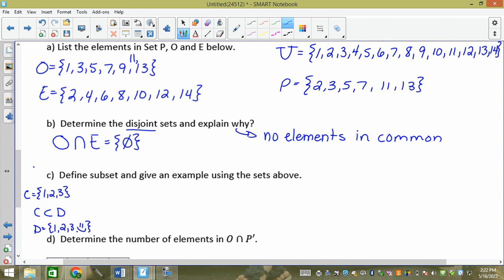Themselves. Because you said if C is a subset of D, it could have just had that and it would have worked. So O is a subset of O, E is a subset of E, and P is a subset of P, and O, E and P are each a subset of the universal set.